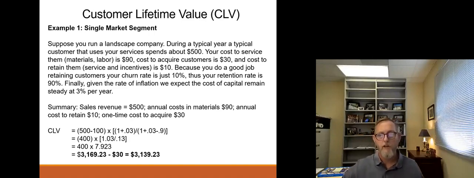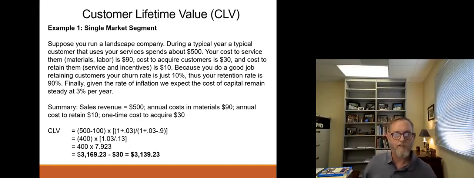So setting up the work here, we have our gross contribution, $500 minus 100, which will ultimately be $400, and then that's multiplied by the rest of that formula, 1 plus the discount rate, divided by 1 plus the discount rate minus the retention rate, which is 0.9.